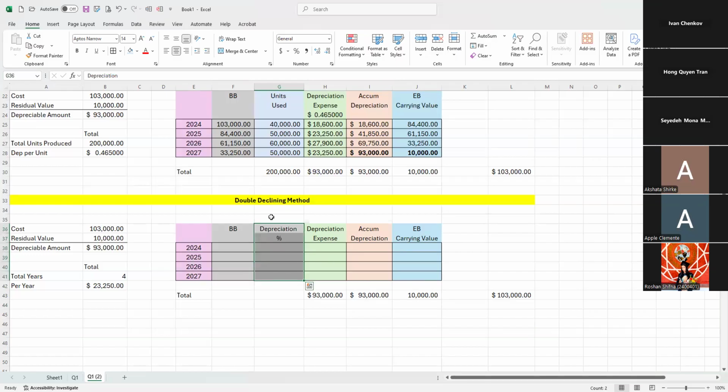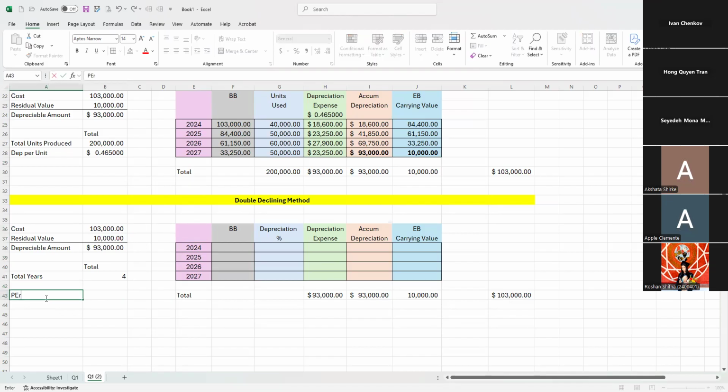And now we have to calculate that percentage. How are we going to calculate it? We have the cost, we have the residual value, we have the depreciable amount. How are we going to get the percentage that we need? 1 divided by 4.